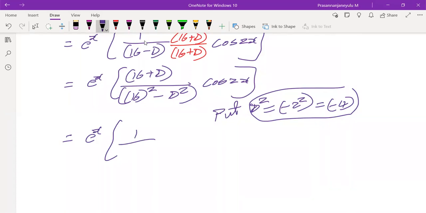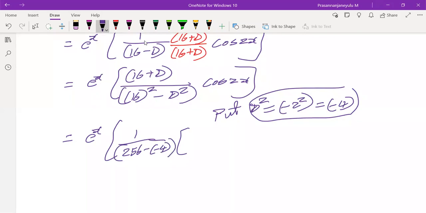What is the value of 16 square? 256. 256 minus of minus 4, it will become 260, of that I'll separate it of 16 plus d of cos 2x.